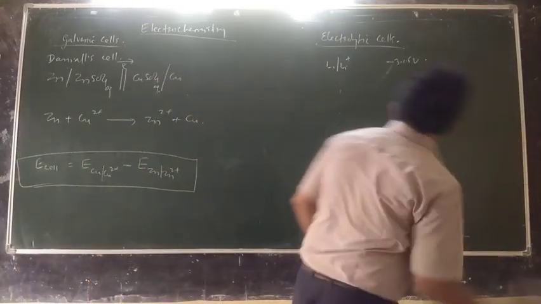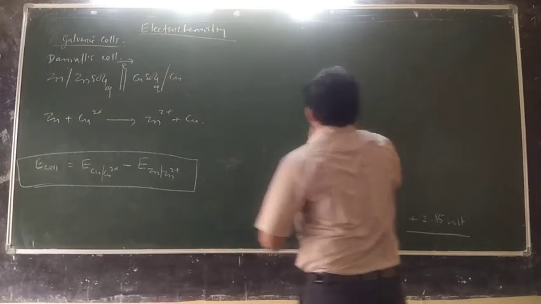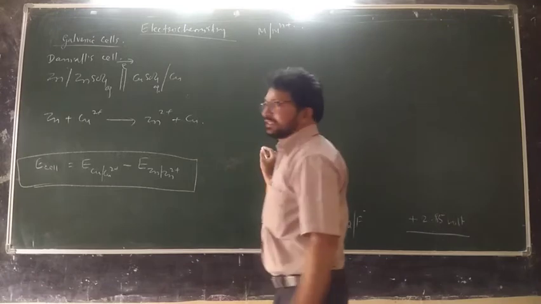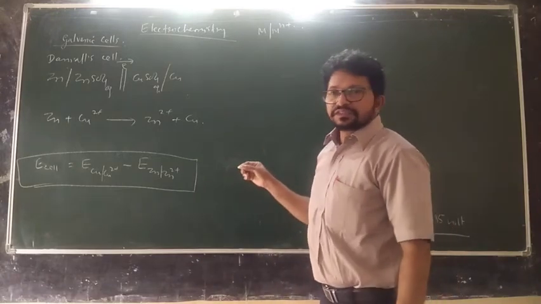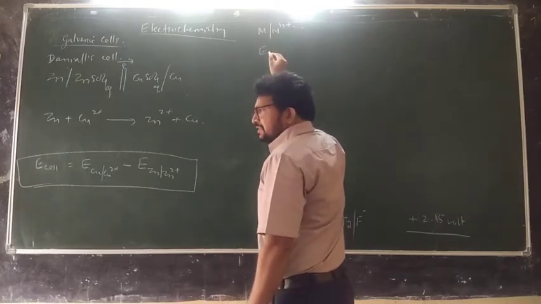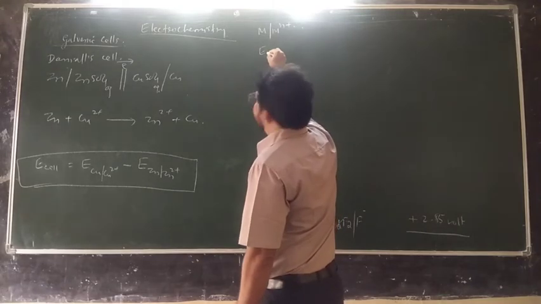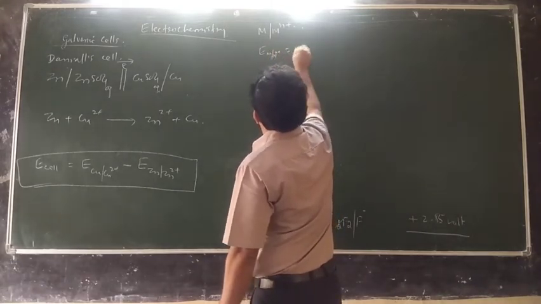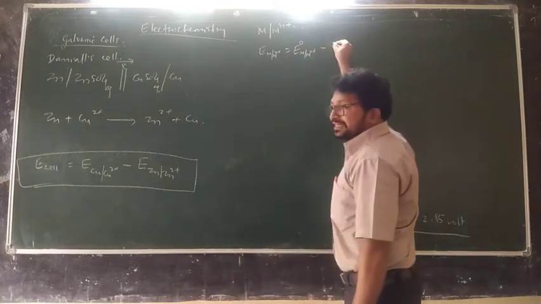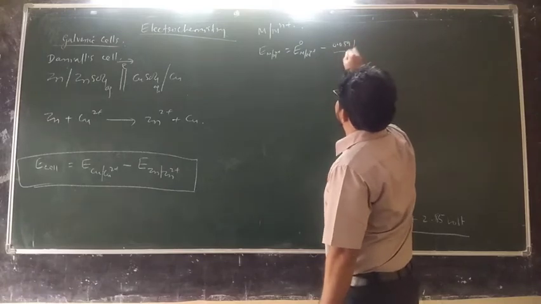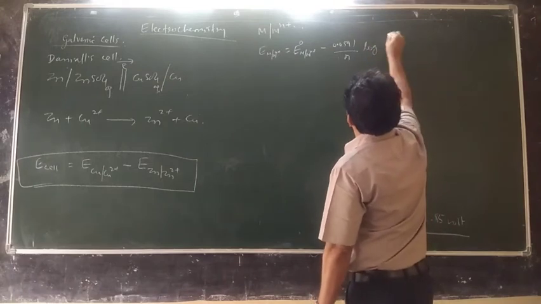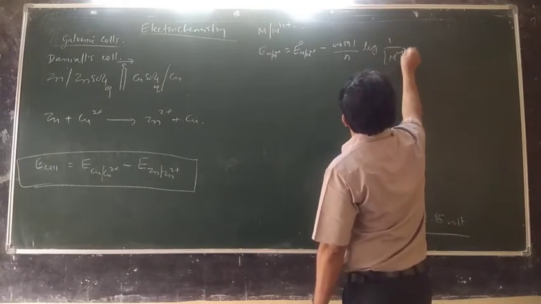Now, how to write the electrode potential from the Nernst equation for any electrode? For any electrode, M raised to n plus, metal in equilibrium with metal ion, the electrode potential is, for example, E of M raised to n plus equals E naught, the standard electrode potential, minus, at 298 Kelvin, 0.0591 by n, where n is the number of electrons lost or gained, log of 1 by the molar concentration of its ion.